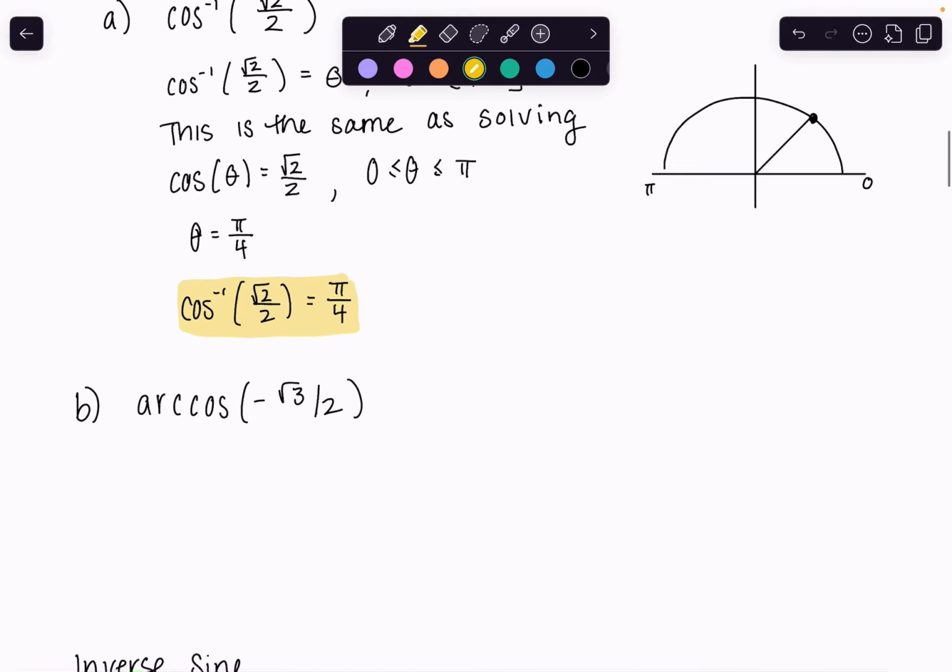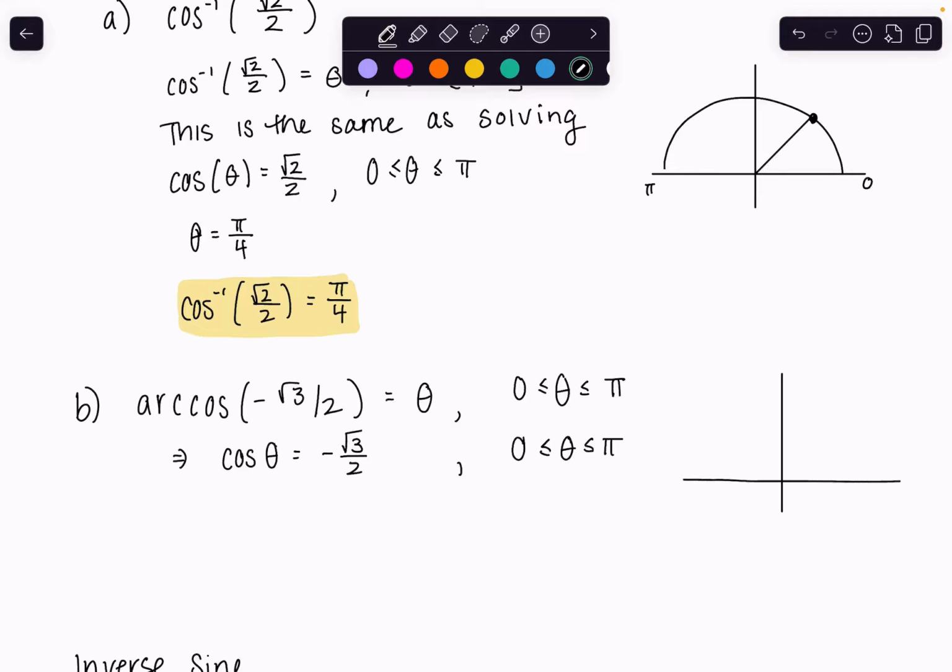For B, same idea. I'm looking for arc cosine of negative root 3 over 2. Again, this is going to be an angle where that angle is between 0 and pi. So this is exactly the same as asking cosine of what angle is negative root 3 over 2 when this angle is specifically between 0 and pi. Okay?